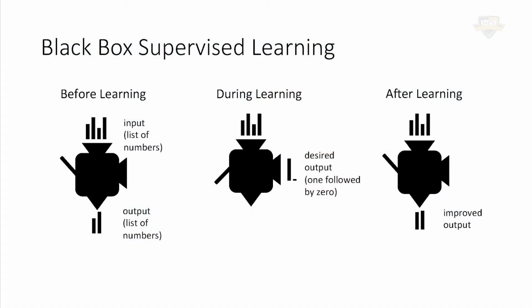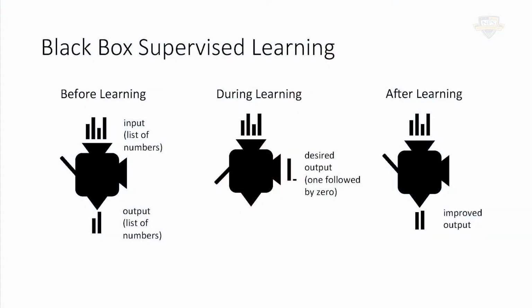But you see it's got a switch on the side there, and if you pull that switch down, then we go into learning mode, where the operation is different. We present an input at the top, and then on the right, we present what we would like the system to have produced. If that was what we desired the system to produce, that's a 1 followed by a 0. There's the 1, there's the 0.